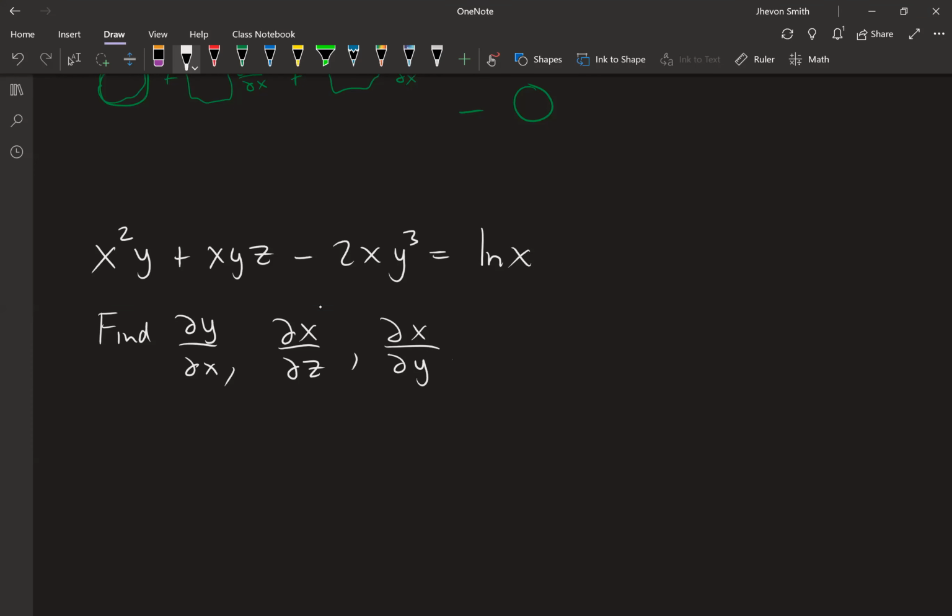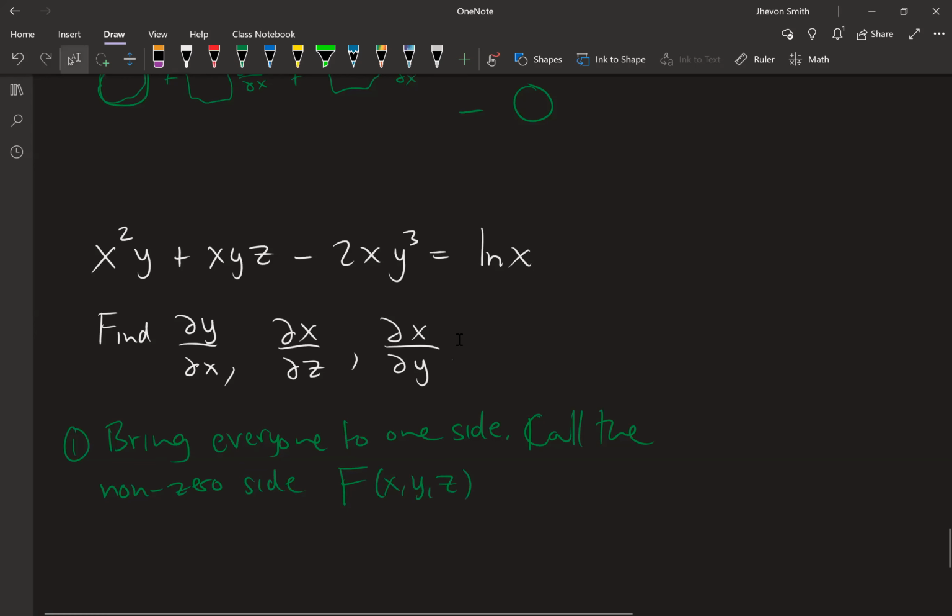Now, these would all involve finding implicit differentiation. So how I would do them is the following. Step one, bring everyone to one side, and call the non-zero side big F of x, y, z.